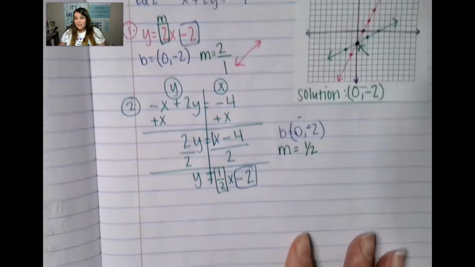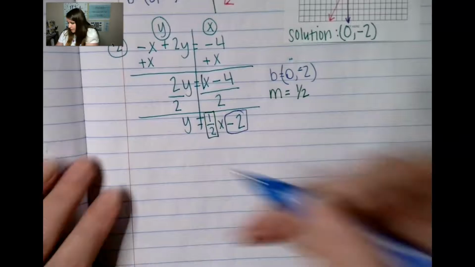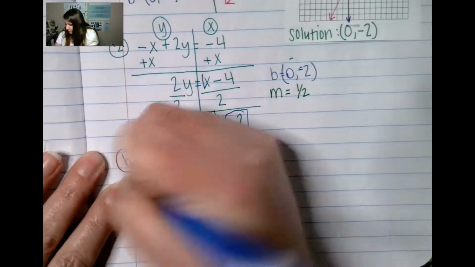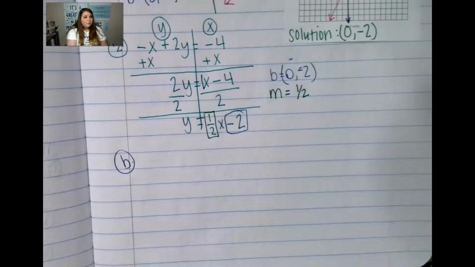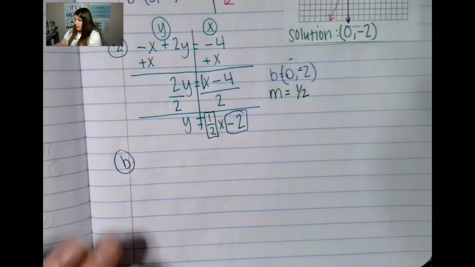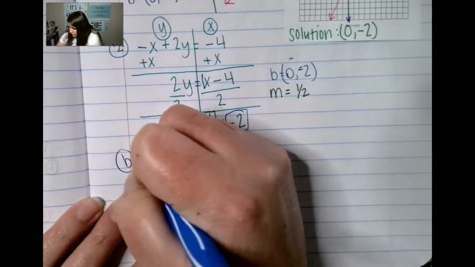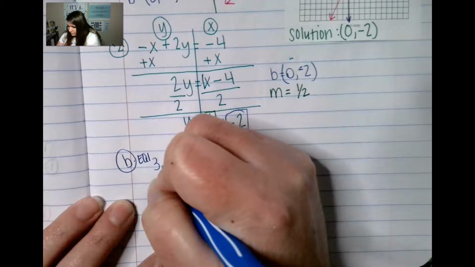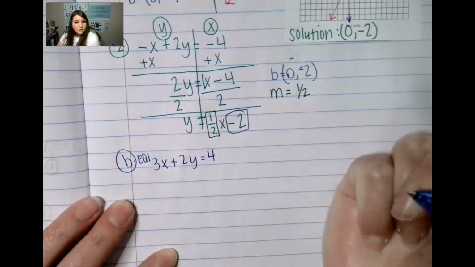Okay, so let's look at example B. Again, we're going to have two separate equations. Equation number 1 is 3x plus 2y equals 4.